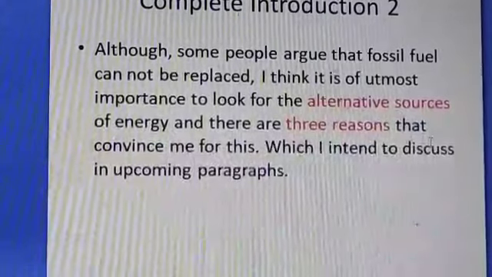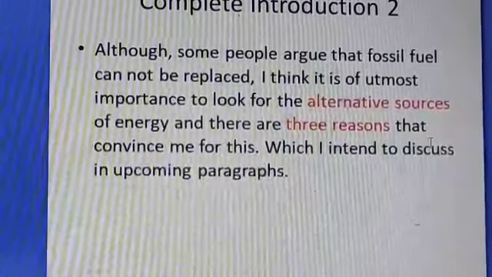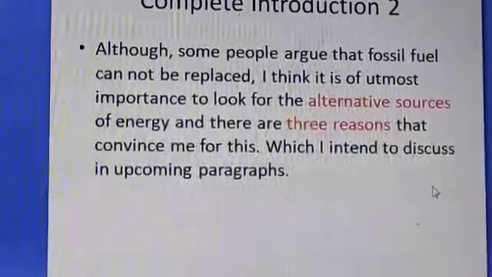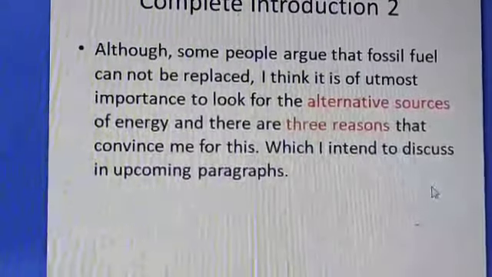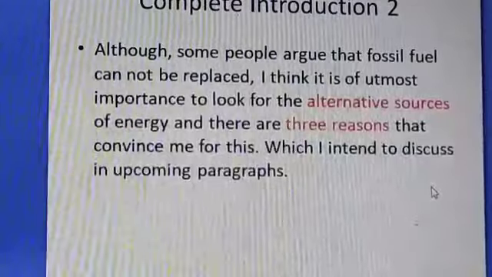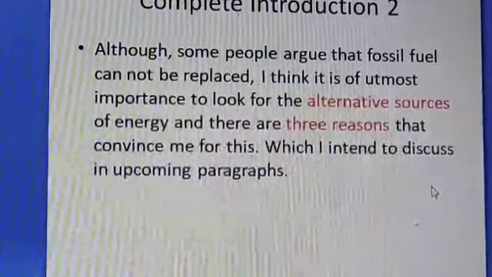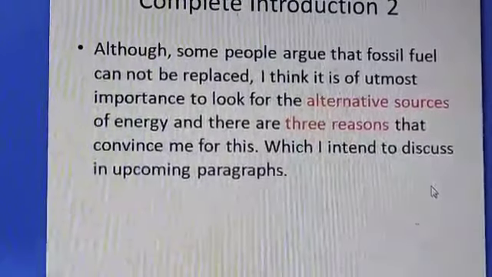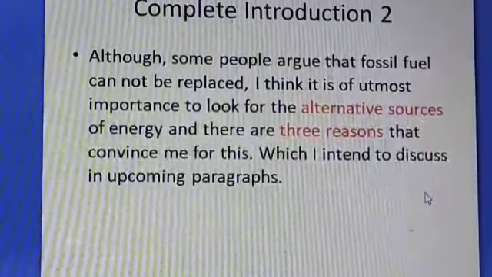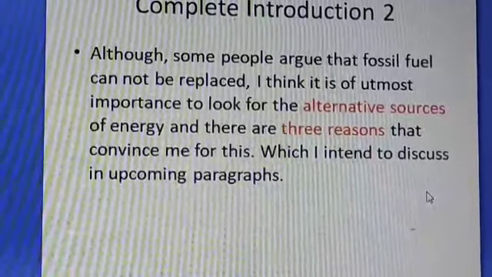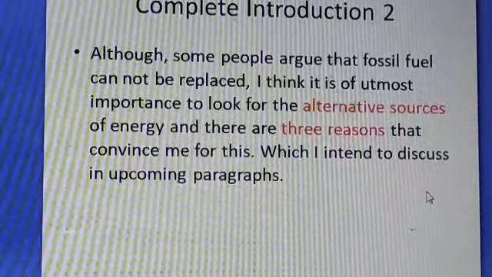And there are 3 reasons that convince me for this, which I intend to discuss in upcoming paragraphs, right? So it starts in telling. Now you're stating that you believe in alternative sources, and there are different reasons which, in fact, compel you to think so, which you'll be discussing in the upcoming paragraphs. So that's how you write the introduction following each of these approaches, right?